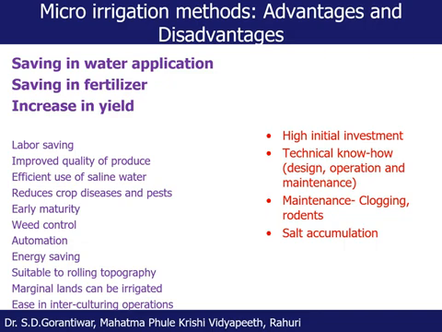Because of this, as I also told you, there is saving in the application of water and enhancement of productivity as well. But besides that, there are several other advantages associated with micro irrigation methods. Of course, as there are advantages, there are certain limitations as well. So we'll see these advantages and disadvantages.